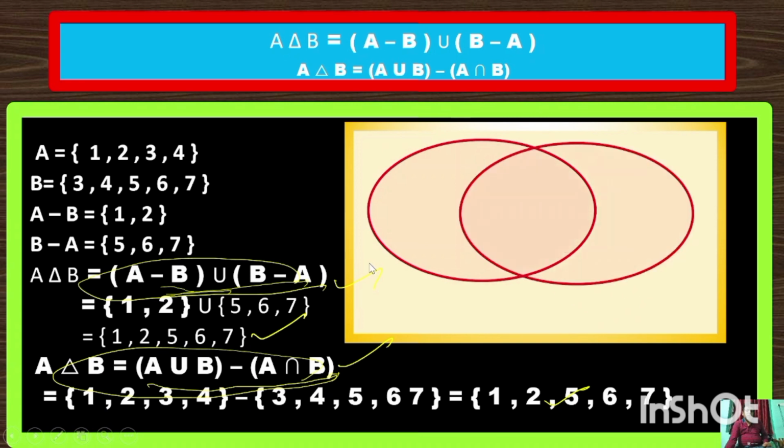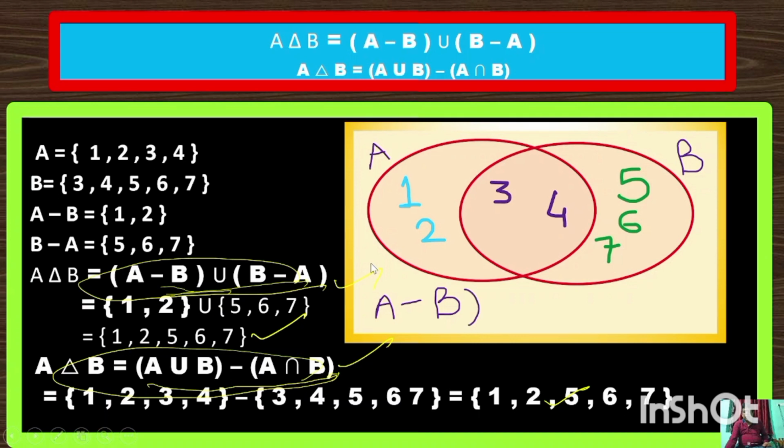Look at the Venn diagram also. Here are the elements of A delta B, A difference B and B difference A. This is the element of A difference B. Understand? The arrow mark clearly indicates that.